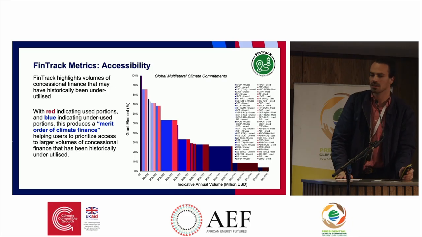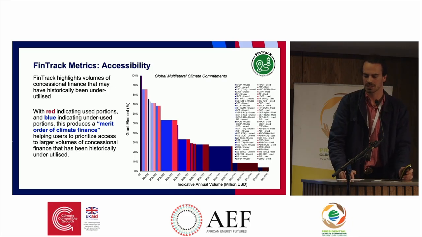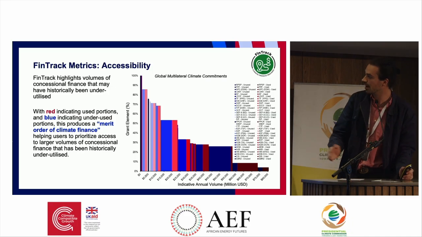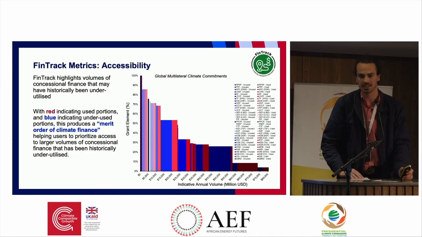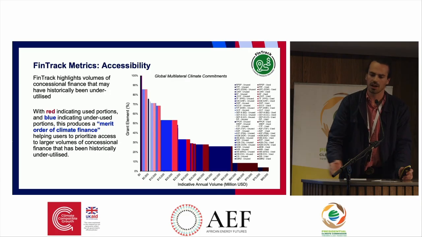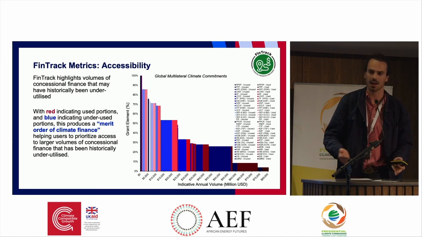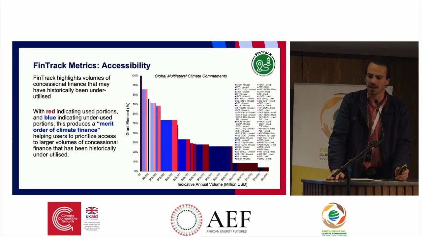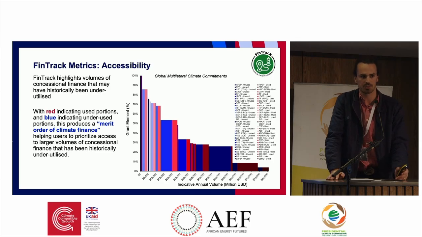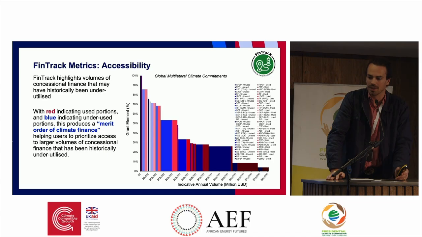And by applying this sort of merit order, we can see that very often the highly concessional finance is highly fragmented and quite challenging to access, whereas there are larger pools of slightly less concessional finance, still very concessional finance, but it's a trade-off between the scale and the concessionality, really. And it's up to stakeholders and specific projects to assess where they draw the line, where they should target the access of these funds, especially when you're developing different size projects.